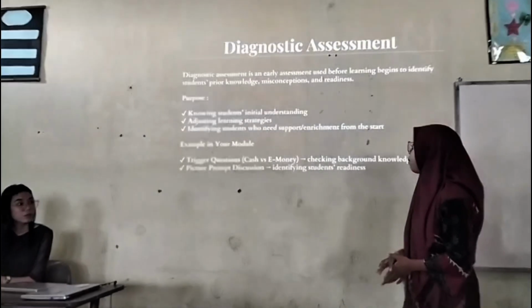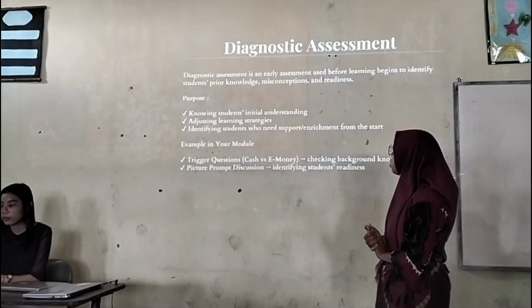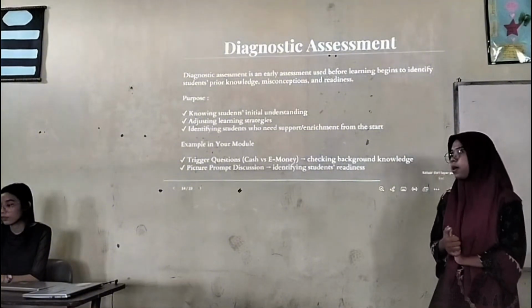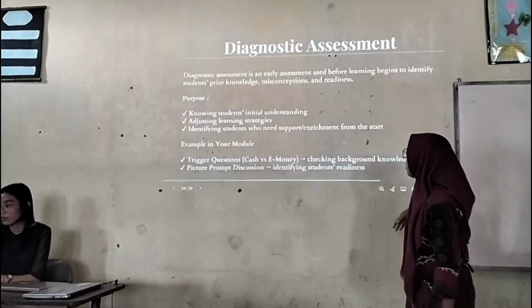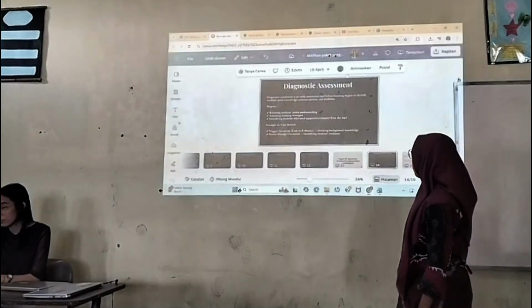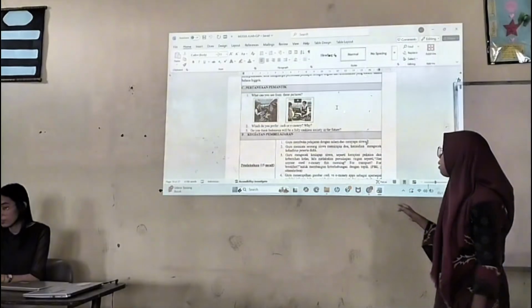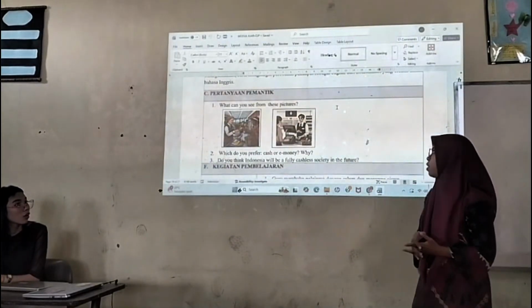Okay, now we want to analyze our model. Is it linear with our explanation before or not? So from the type of assessment, there is the diagnostic assessment in our model. In our model, we provide three questions and two pictures about our topic, e-learning versus cast.